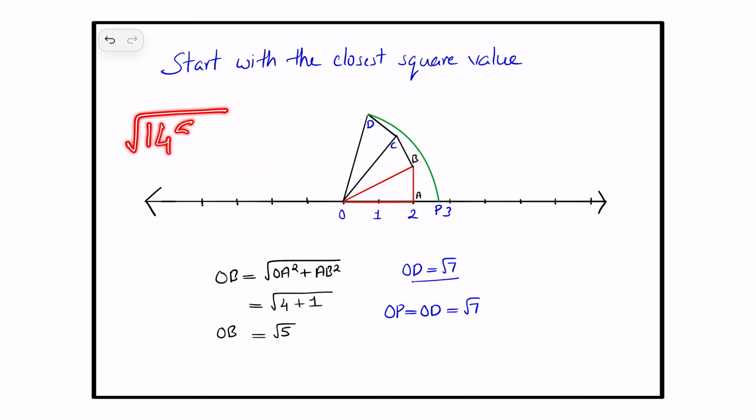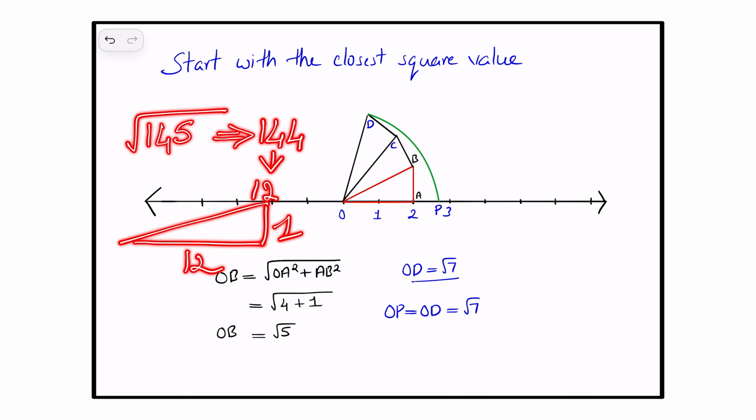How do we do it? Take 144, which is the closest square, and the square root value will be nothing but 12. So take 12 as the base, 1 unit in height, join, how much you will get? 12 square plus 1 square will be 145, square root of 145, and you can easily plot it on the number line.